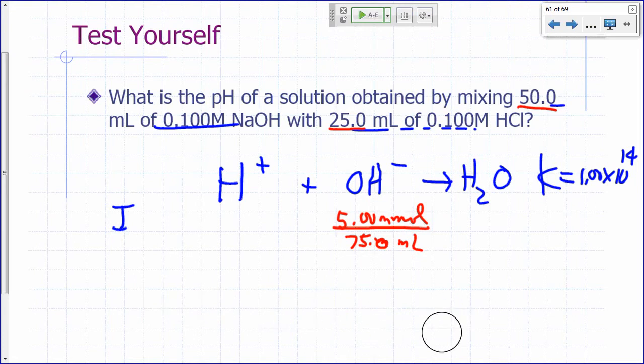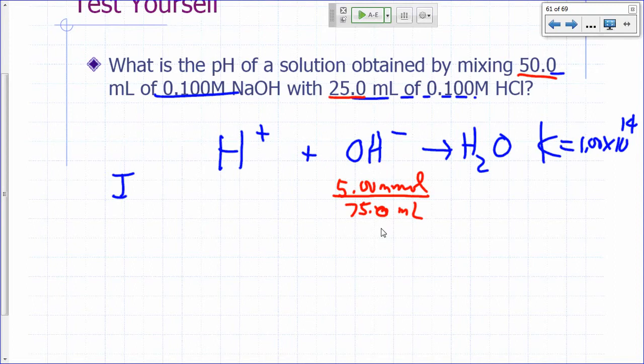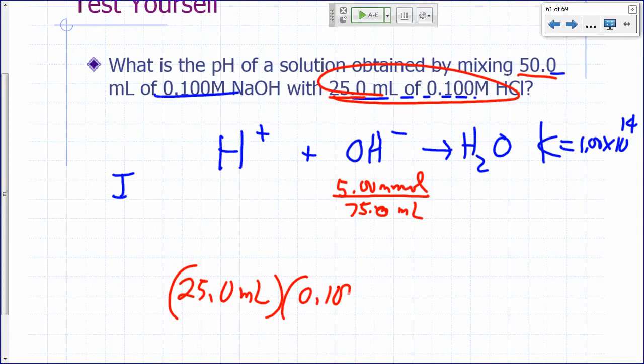Molarity times volume gives you moles, but if you use milliliters, that will give you millimoles. What's the initial concentration of HCl, of H plus? 25.0 milliliters times 0.100 moles per liter gives you 2.5.